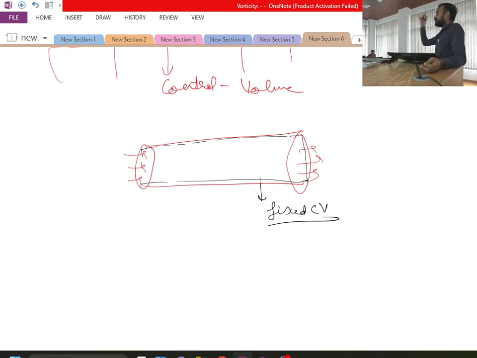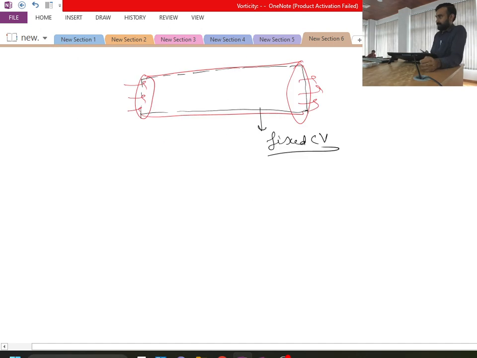Then I can have a third situation. If I want to analyze a reciprocating compressor, it will have one inlet valve, one outlet valve, and a piston which takes air in, pressurizes it and sends it out.